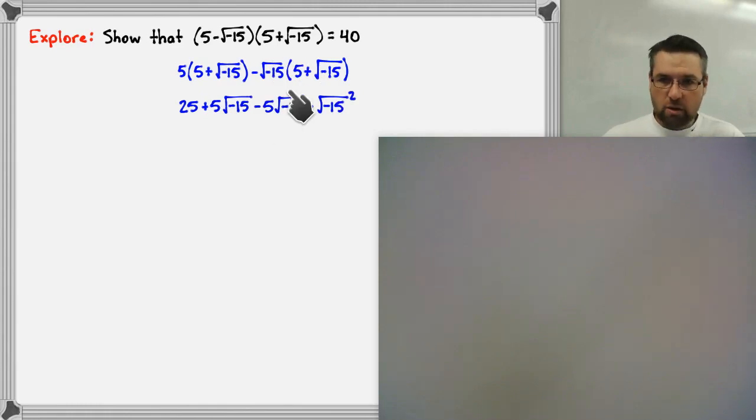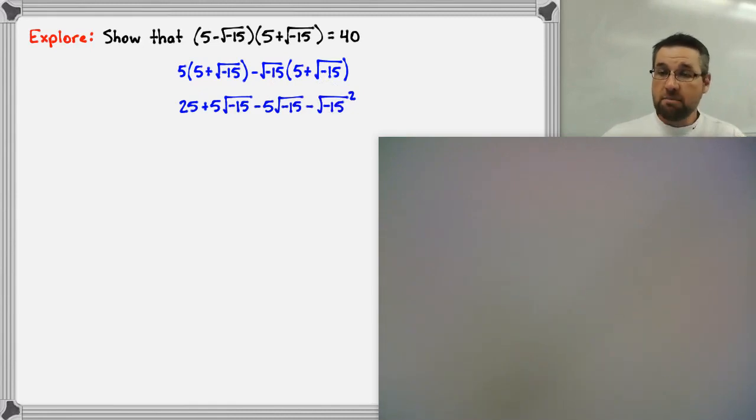I know a lot of weird words here, but the bottom line is we're multiplying this radical times this radical. And because they have the same inside number, the same radicand, we can write it as a square, right? If I say 5 times 5, I can rewrite that as 5 squared, or 7 times 7 is 7 squared, or x times x is x squared. Well, here, radical negative 15 times radical negative 15 is radical negative 15 squared, okay?